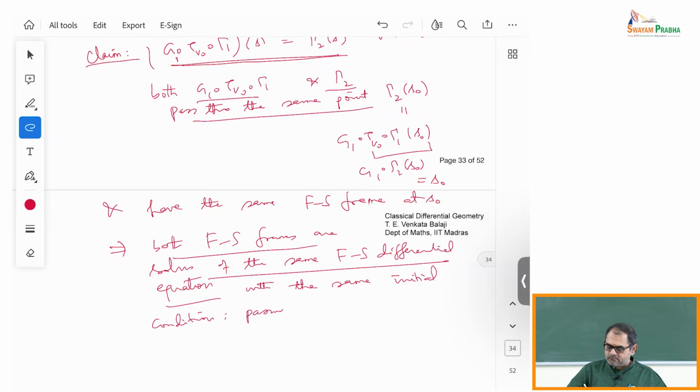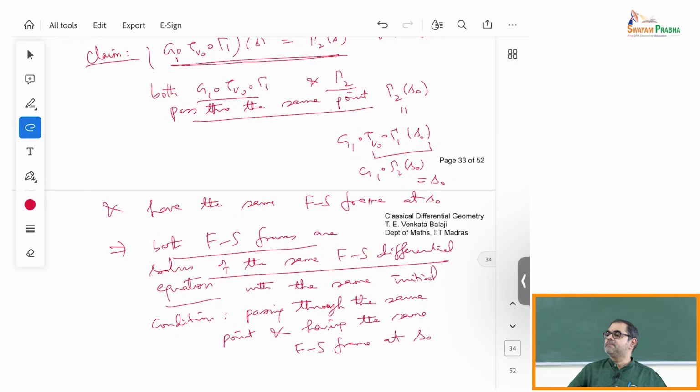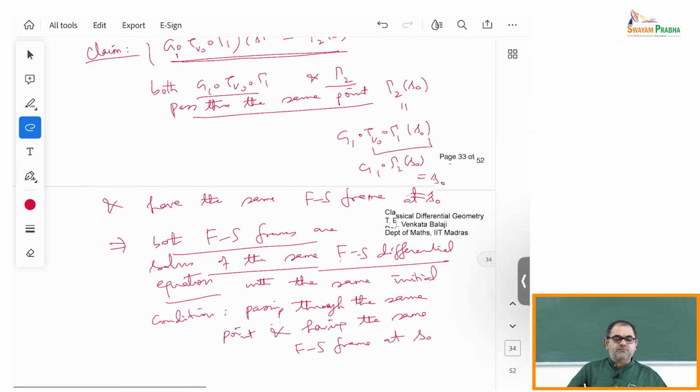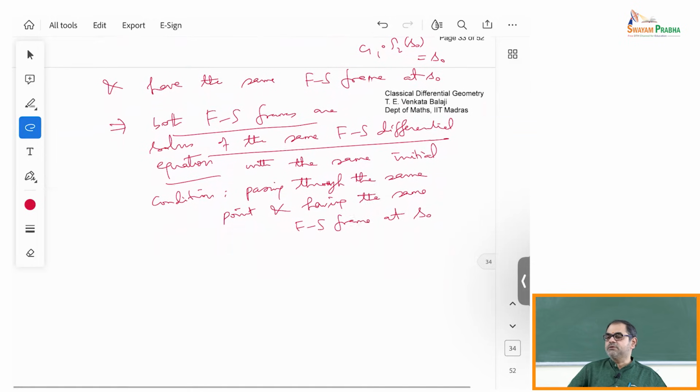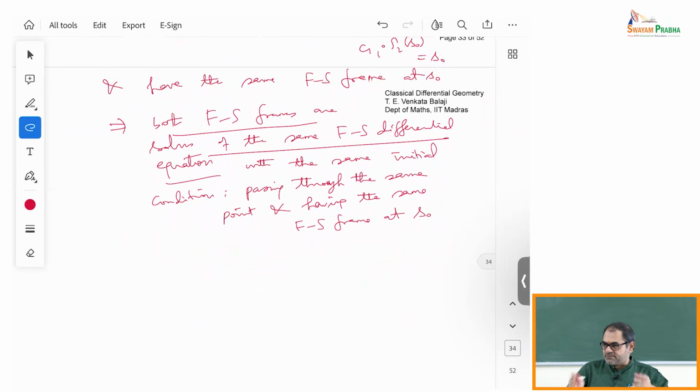Passing through the same point and having the same Frenet-Serret frame at S0. Okay, by uniqueness of solutions of differential equations, therefore the frames are the same.